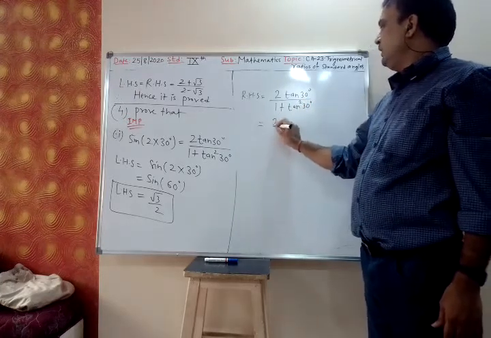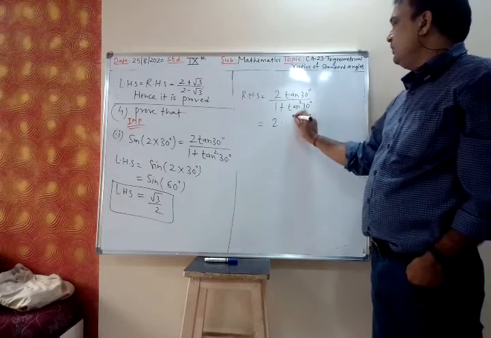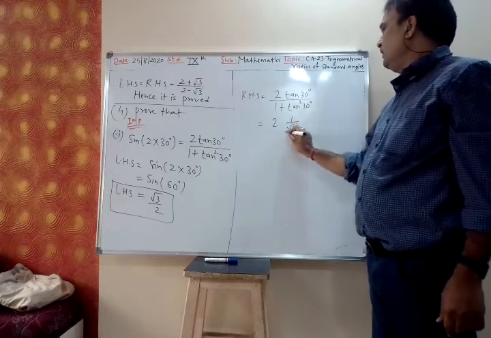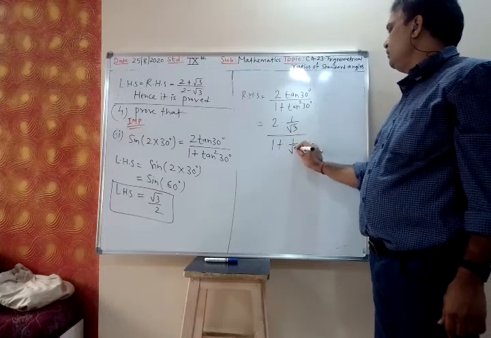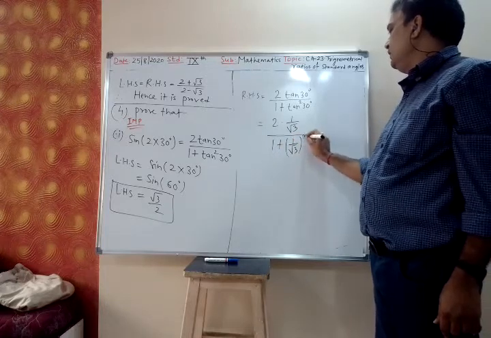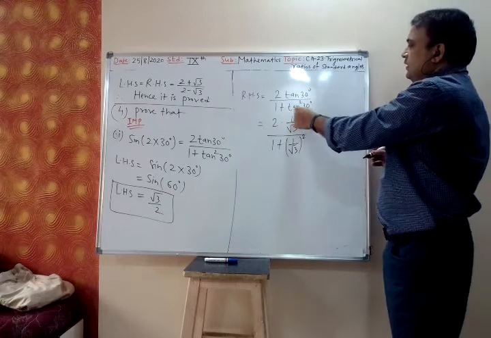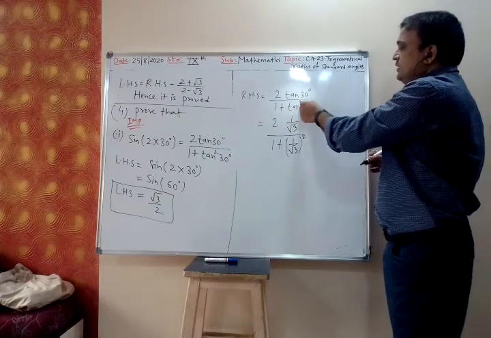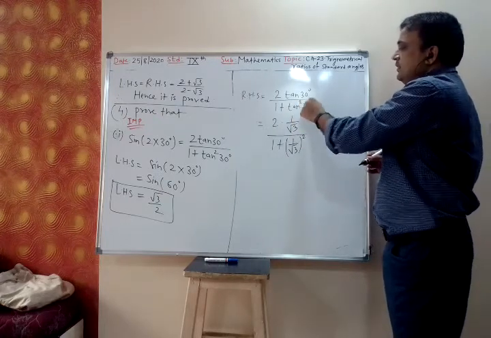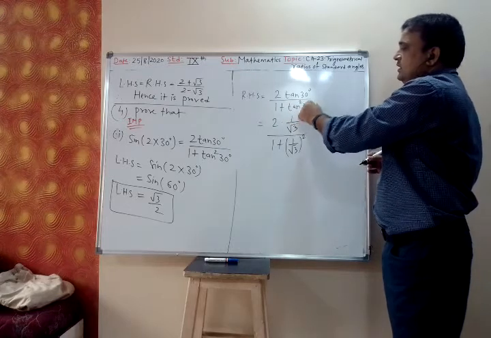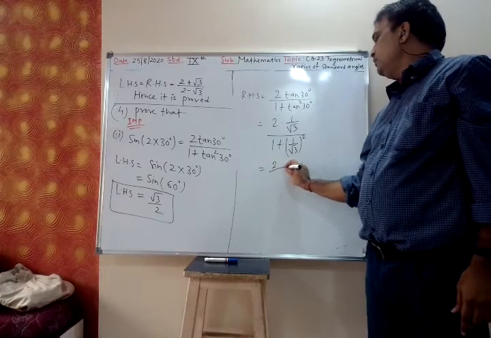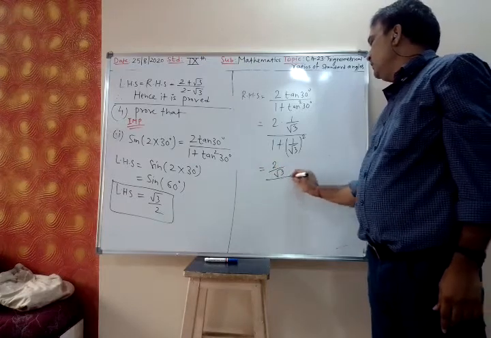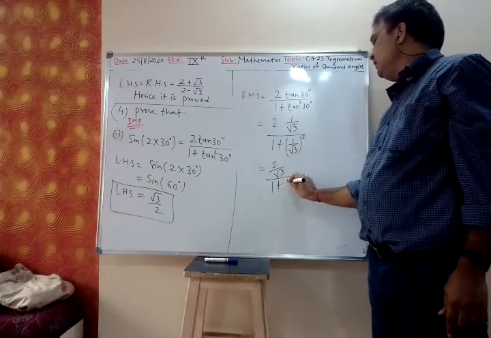So that will be 2 tan 30 degree is 1 by root 3 upon 1 plus tan square 30 degree is 1 by root 3 square. See, whenever it is tan square 30 degree, it is the square of tan 30. It is not the square of the angle. So that is 2 into 2 upon root 3 divided by 1 plus 1 upon 3.